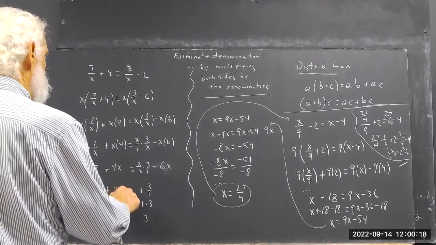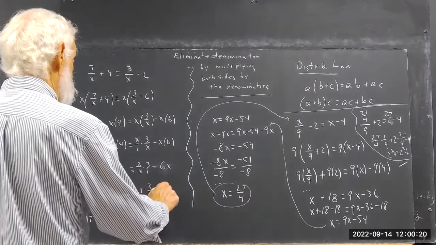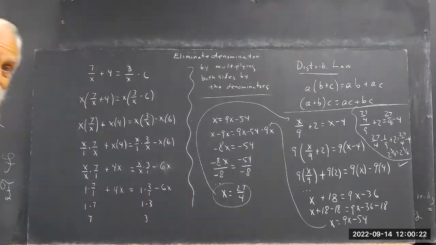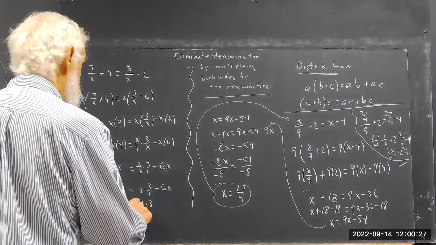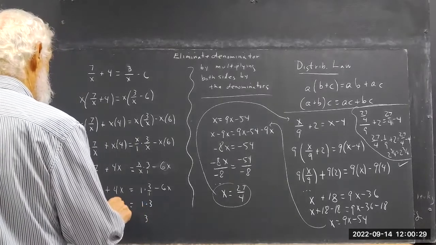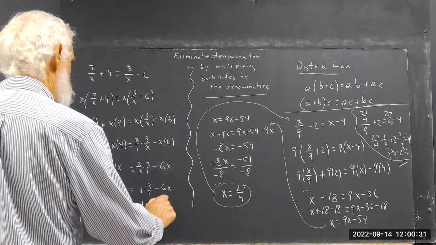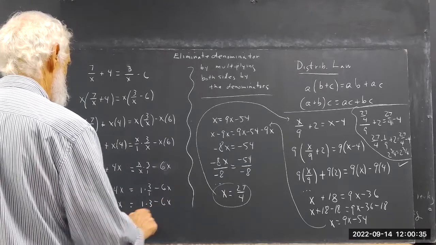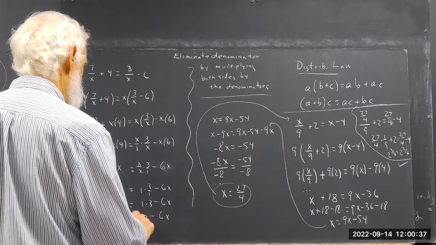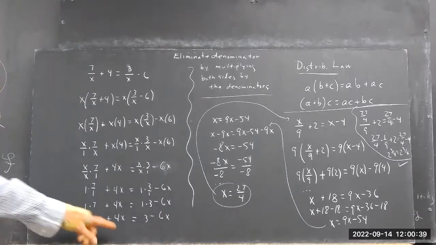Well, it's a little tedious to write this out. I want you to write it out until you've got it, so you don't think cancellation is some mysterious process. So now we have this equation.